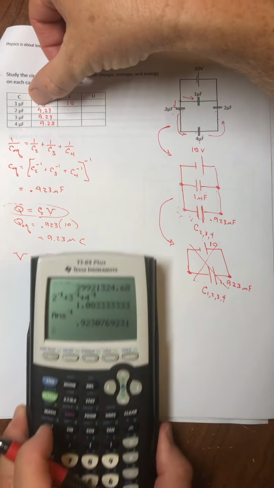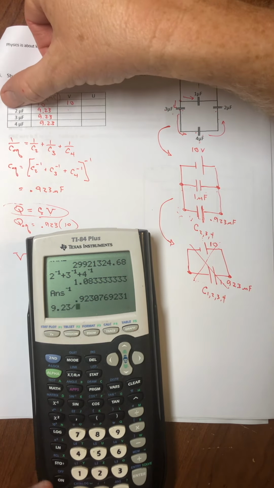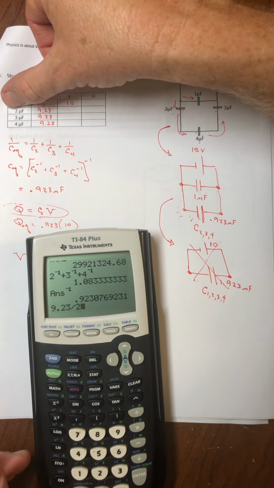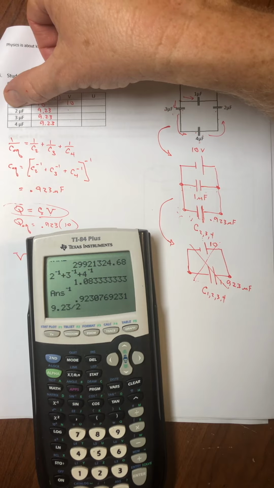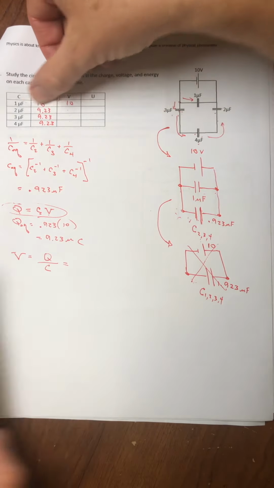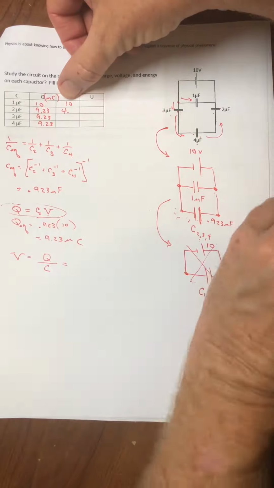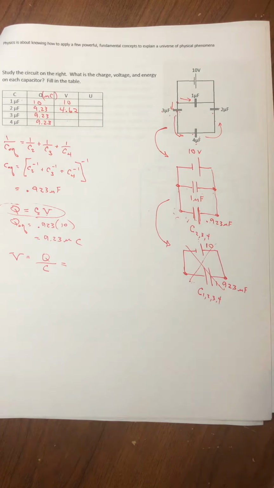The charge on number 2 is 9.23 microcoulombs. So if I divide it by its capacitance of 2 micro, the micros cancel off, and a farad is a coulomb per volt. So when I divide by the 2, I get an answer in volts, 4.62 volts. And so there would be the way I would get the voltage here.